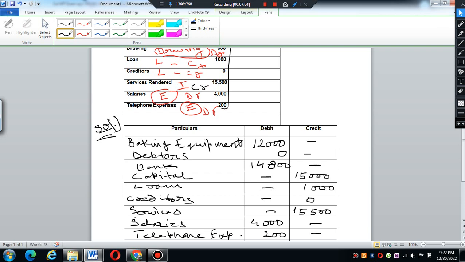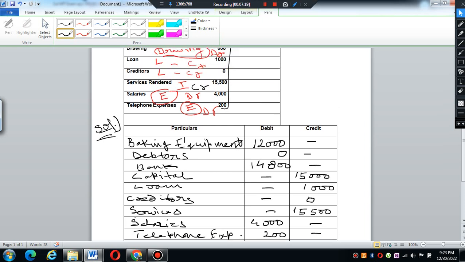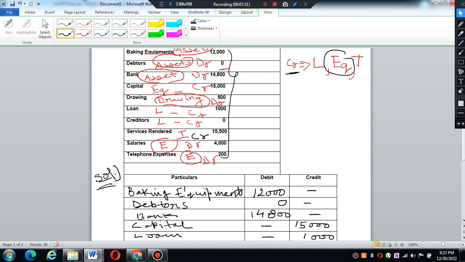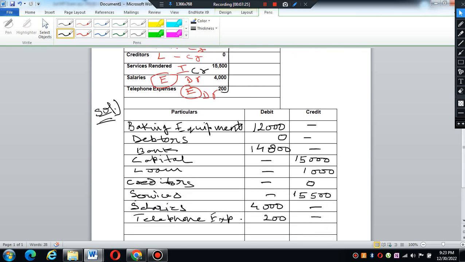Now you will add the totals of those things. Something is left: drawing. Did I write it? Drawing is left.